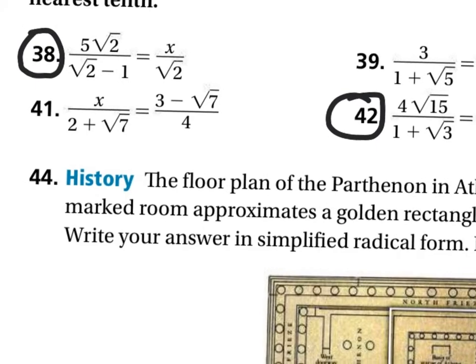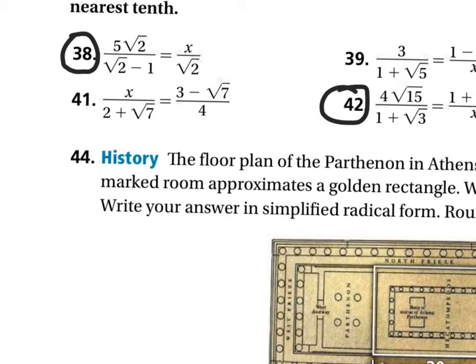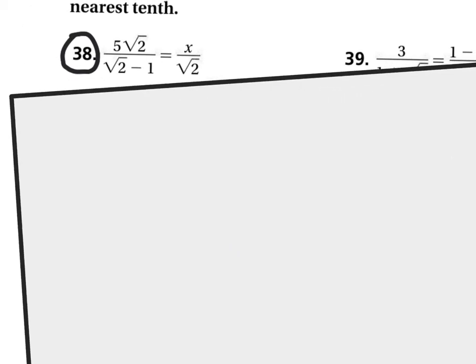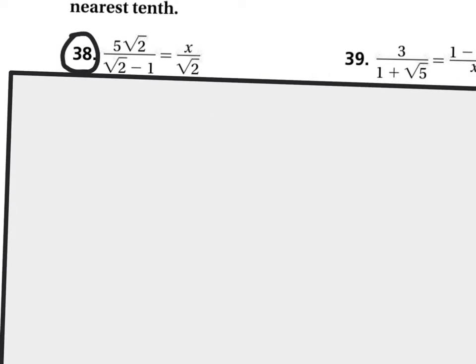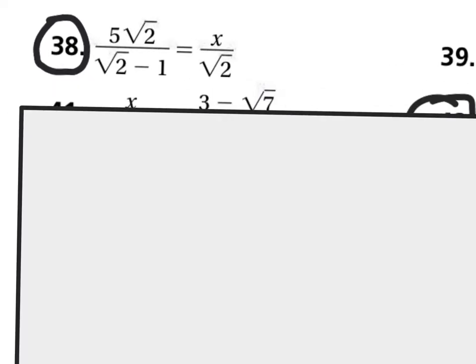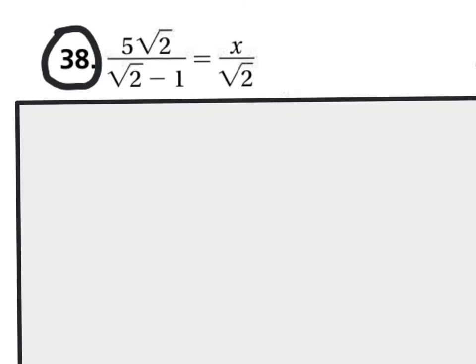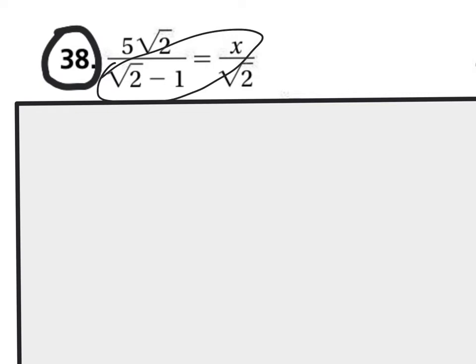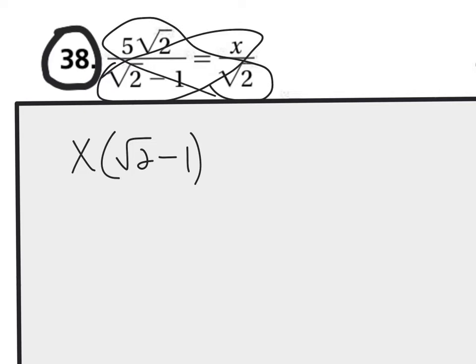Number 38 I wanted to go through just to get practice on one of these again where it's got this proportion set up. So what we would want to do here is to cross multiply. There's only one variable, so don't distribute that.